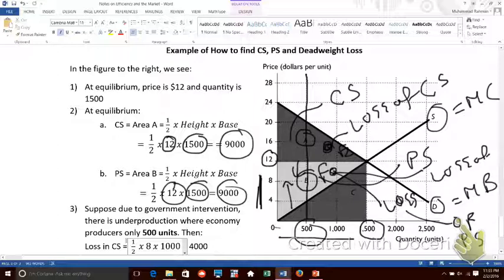Now notice that when we are trying to find out the loss of consumer surplus, this is also a triangle, and the area of the triangle is found by finding the base and the height. So the base is 1500 minus 500, which is 1000, and the height is 20 minus 12, which is 8. So when you plug in 8 and 1000, you get loss in consumer surplus to be 4000.